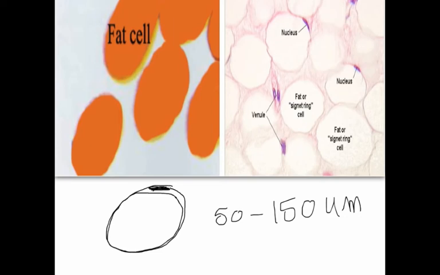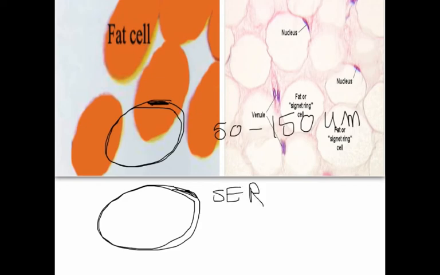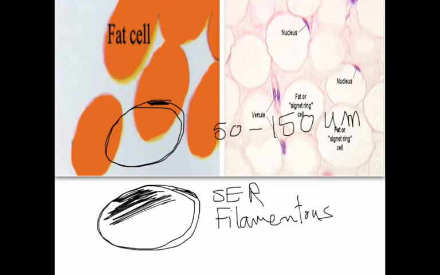As regards the EM picture, what will we expect? Here in the EM picture, this cell is full of smooth endoplasmic reticulum, together with some filamentous mitochondria, not much. Fat droplets here appear to be electron dense, so the droplet here will be electron dense, dark black.